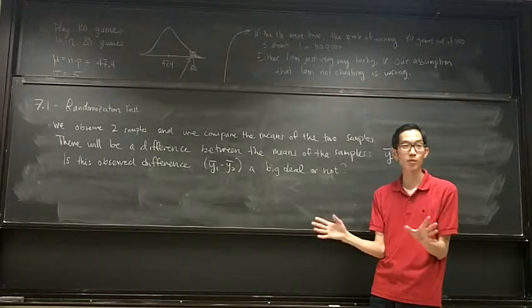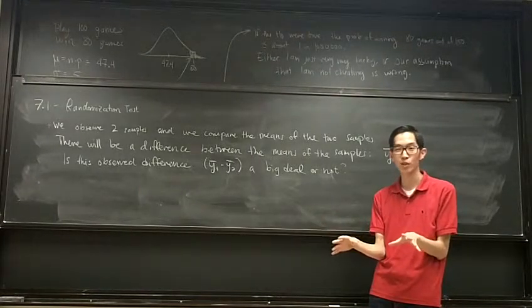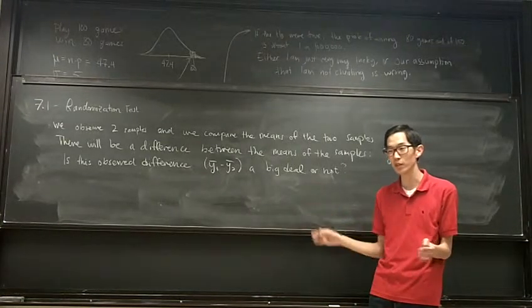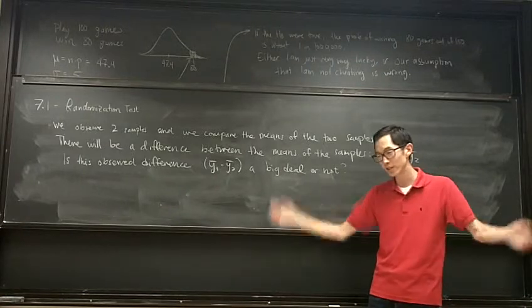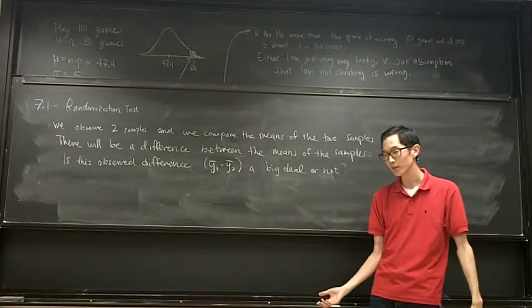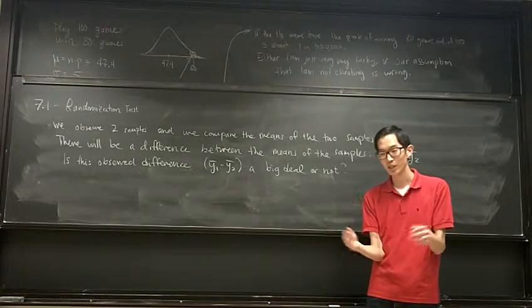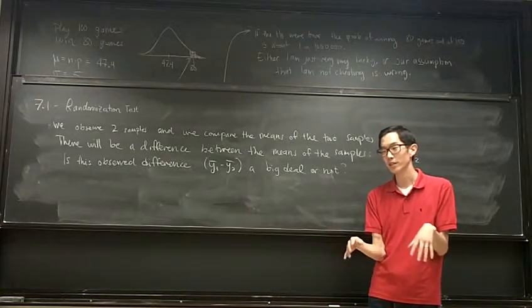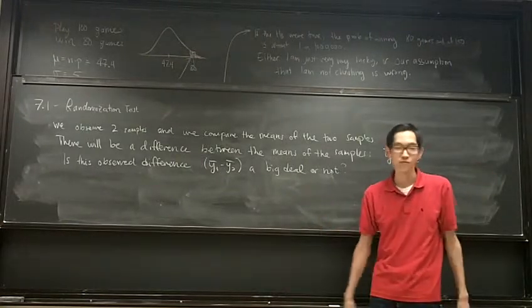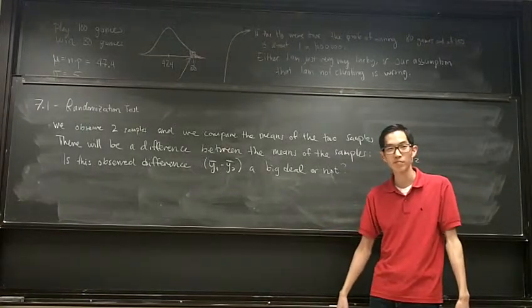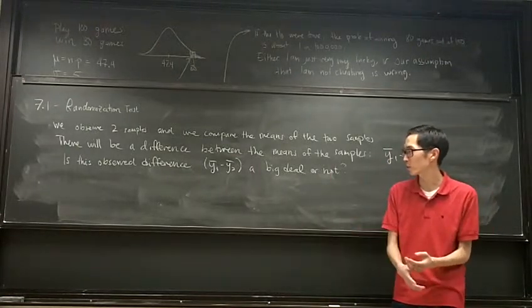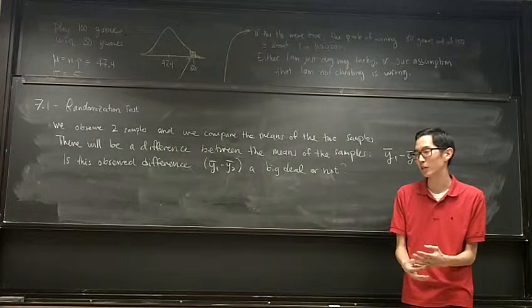Or maybe the 30-pound difference happened only once out of 1,000. That's still rather unusual. But let's say the variety of all these people is so much that when I shuffle them out into two piles, I get 30-pound differences like 10% of the time. In that case, we would say these 30-pound differences are not a big deal.